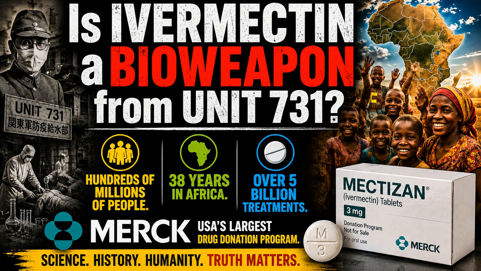When a compound acts on the nervous system of its intended target, developers routinely study whether it could also affect the human nervous system. In ivermectin's case, understanding its interaction with the brain was part of establishing its safety profile before widespread use.